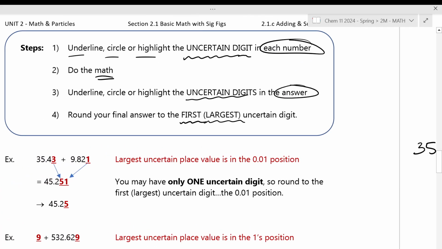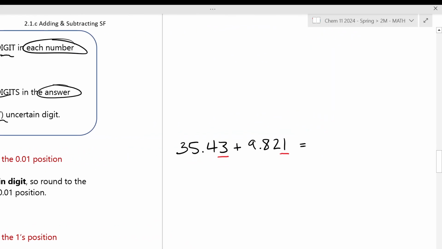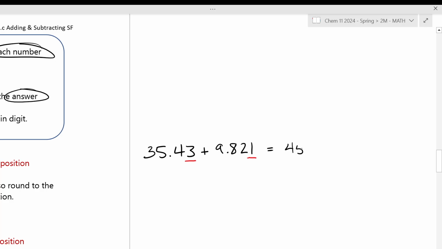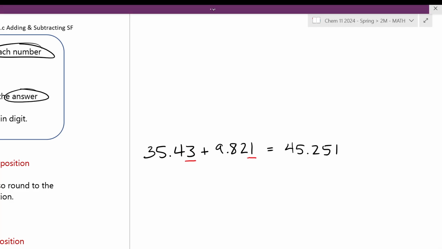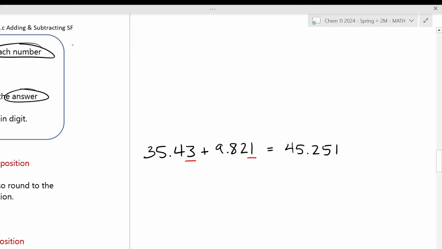So when I add those two, I get 45.251. Where are my uncertain digits? I have an uncertain digit in the 0.01 position. So I need to underline my 0.01 position. I have an uncertain digit in the 0.001 position, so I need to underline that one.